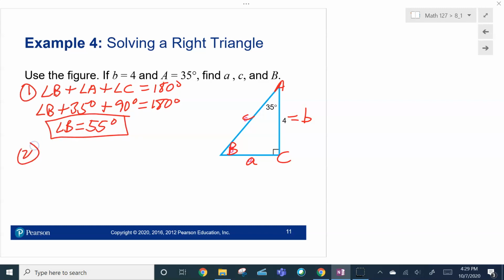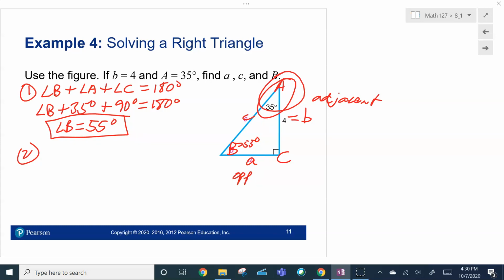Alright, number 2. So now we know this is 55 degrees. Now notice, with respect to A, I have the adjacent side, right? I have the adjacent side, and I have the angle, 35 degrees. So I'm going to use the tangent and solve for a.